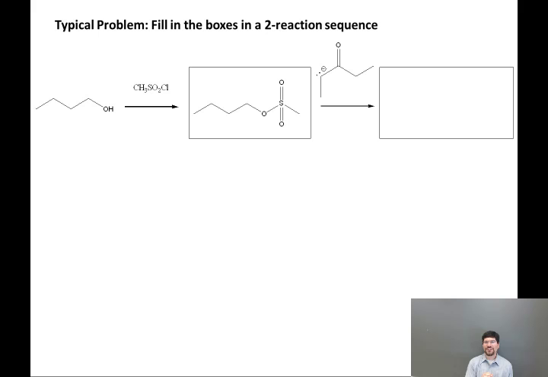They're good nucleophiles for forming carbon-carbon bonds. The final product has to have a new bond formed between the nucleophilic atom of the nucleophile and the electrophilic atom of the mesylate, which is the carbon bound to the oxygen. The final product simply adds a butyl group to the carbon that previously had a negative charge in the enolate. That's how you would handle one of these problems in which you have to fill in the two boxes in a two-reaction sequence.